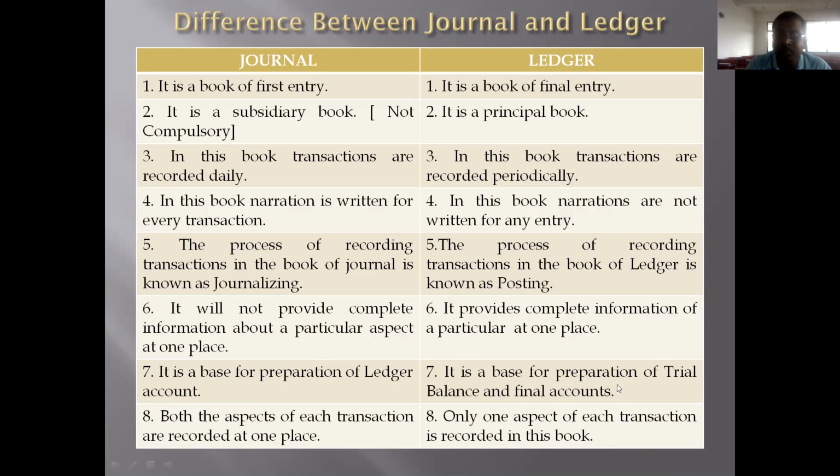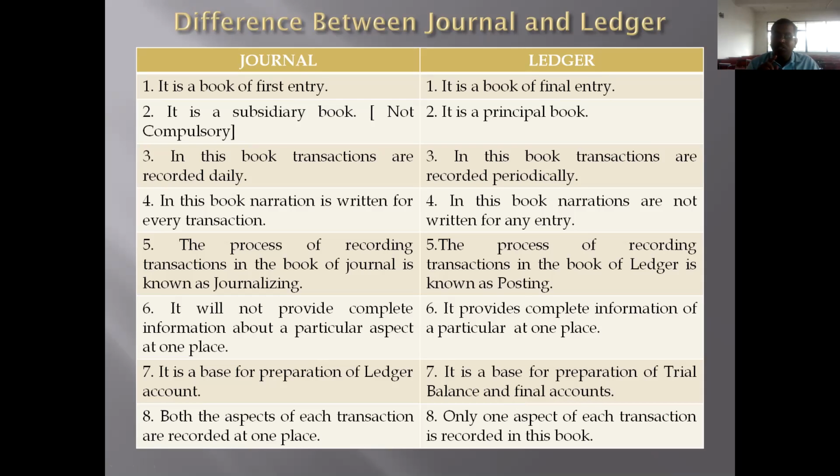Actually, trial balance becomes the base for final accounts. It is a process. Business transactions are the base for journal, journal is the base for ledger, ledger is the base for trial balance, and trial balance becomes the base for final accounts. Okay. Let us move to the last difference, the eighth one.